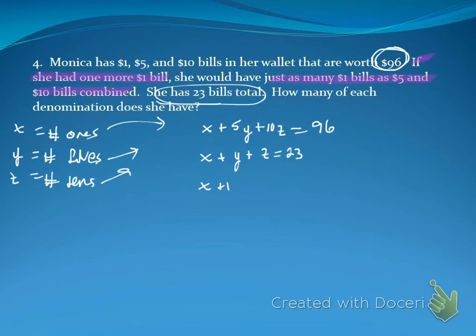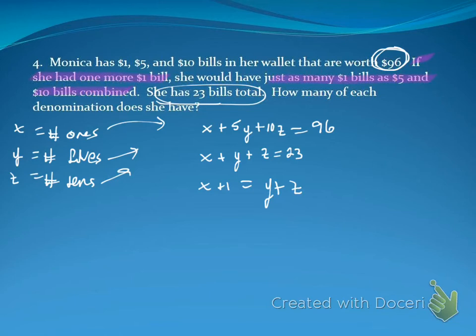Well, 5 and 10s combined means we've got to take Y plus Z. And that sentence says if she had one more 1, it would be the same as the 5s and 10s combined. So these guys would be equal. There's your third equation. Third equation is usually the harder one to come up with. Okay? But there's your 3 equations.